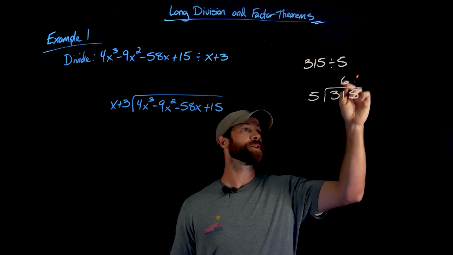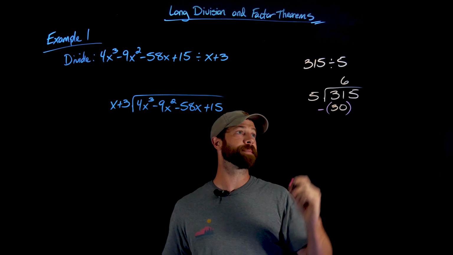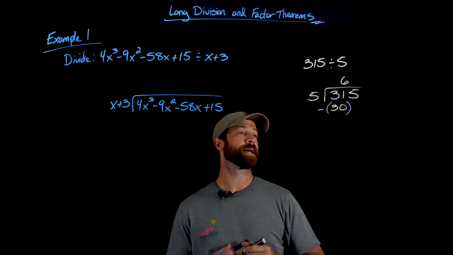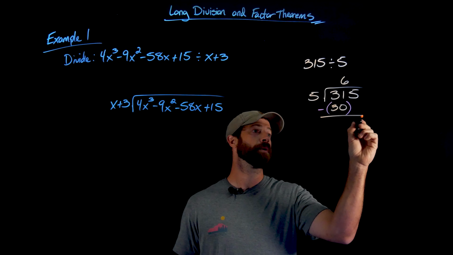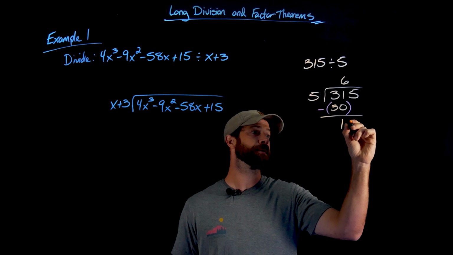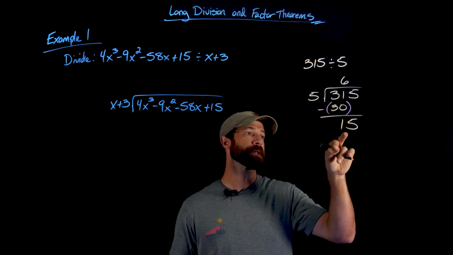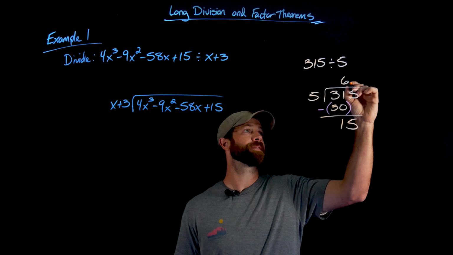What I'm going to do is now calculate the remainder of that step right there. I'm going to subtract 30 from that result, and that gives me a 1. Bring down the 5, and now I just repeat that same process. The question is how many times does 5 go into 15?